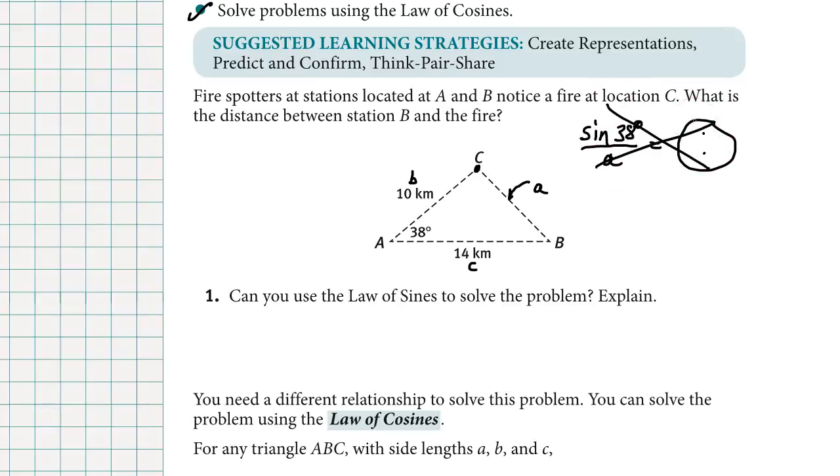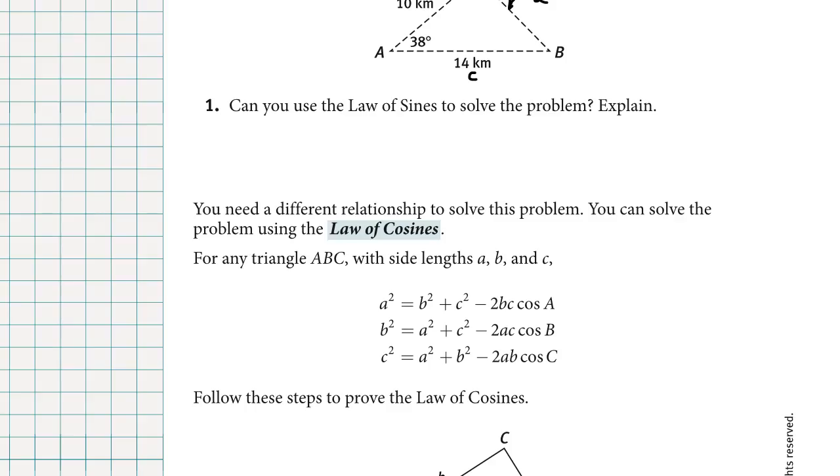But the problem is still solvable. We're going to use the law of cosines to solve this problem. If you look down just a little bit on this page, you will see the law of cosines. You'll actually see three versions of the law of cosines. All three of these need to get on your note page at some point. Now, what version of the law of cosines you use depends upon what letter of the alphabet you want to solve for.